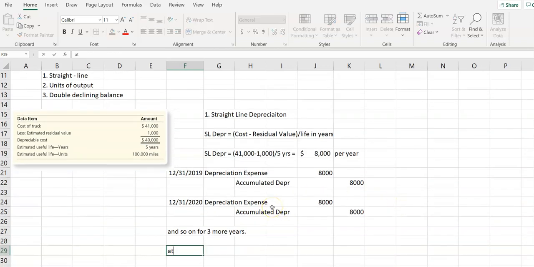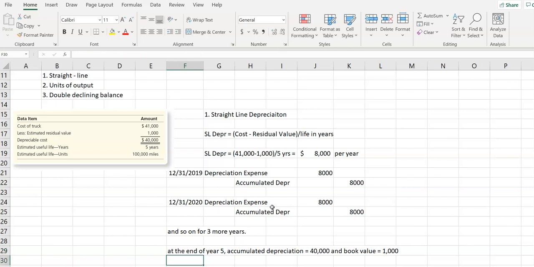At the end of year 5, accumulated depreciation will equal $40,000, and book value will equal the $1,000 salvage value.